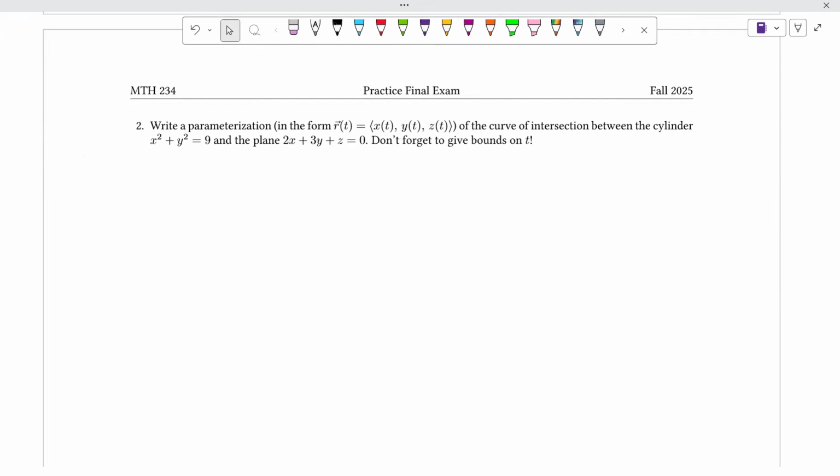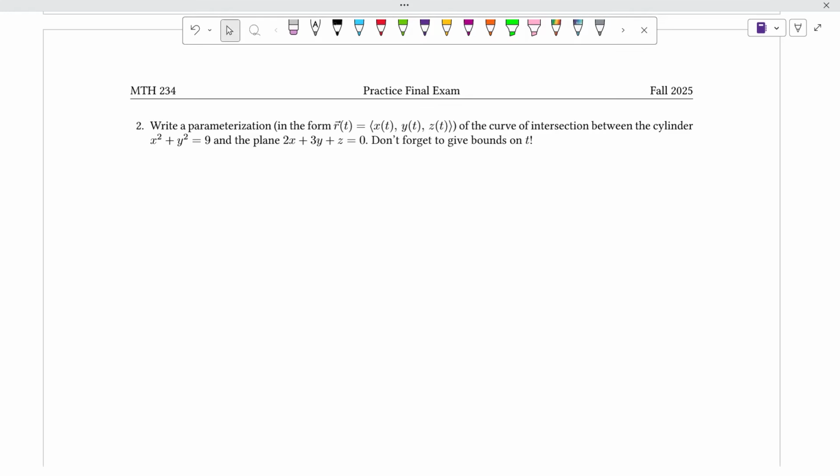So this is just our normal stage of rewriting x, y, and z in terms of a single parameter t. That's all it's asking us to do, but with a bunch of fancy words to get there. So let's do that. Step number the first, deciding which variation on parameterizations you want to use.